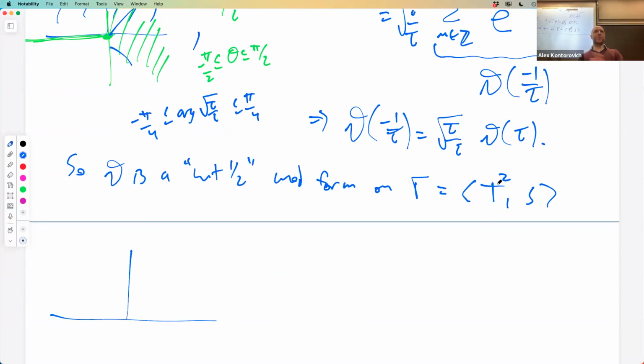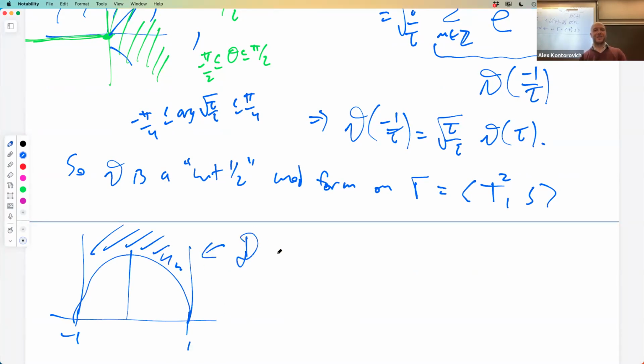T squared will move the real part to, yes, the real part will get inside -1,1. What will S do? Same thing, it'll kick us outside the unit circle. So we get this fundamental domain for this other group, gamma.